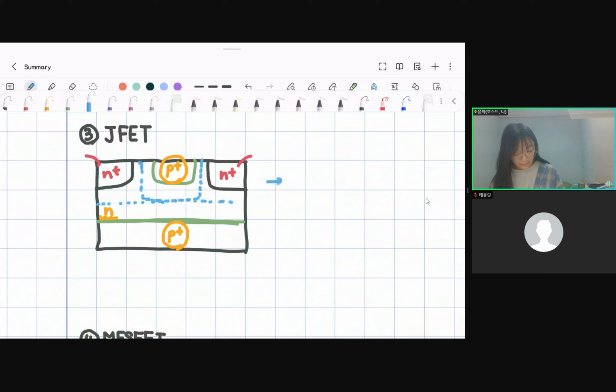So this is when the gate bias is 0 and this JFET is in enhancement mode. By the depletion region, it can't make a channel, so it doesn't work. But when we give a gate bias from here and here, we use these two regions like a gate. And when we give a gate bias, the depletion region is like this.